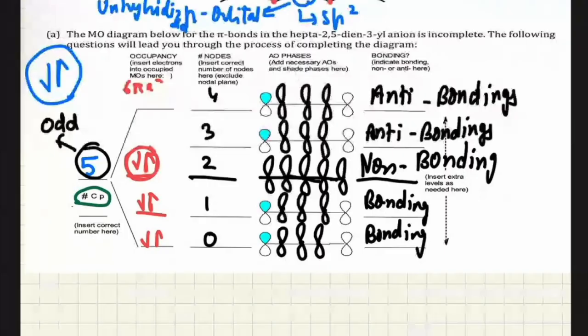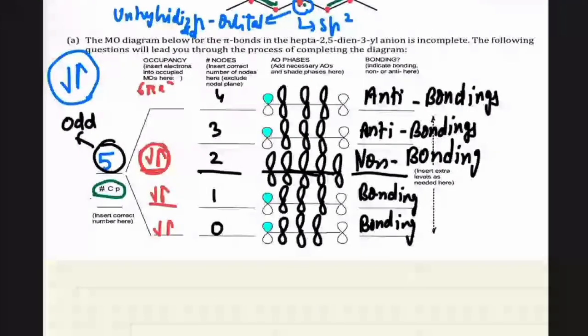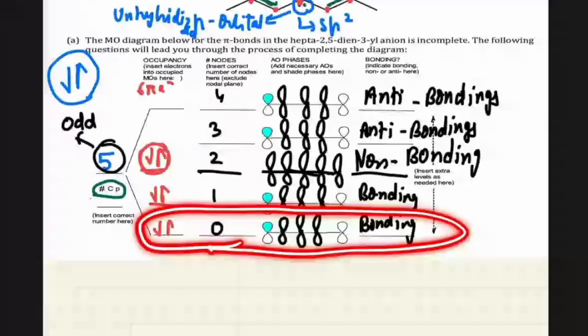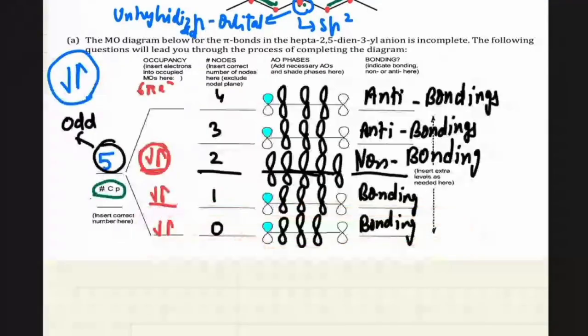So now we will start. Over here at the bottom, I'm talking about this side, just to give you an idea of where I'm starting from. Because there are 0 nodes, all of the phases, all of the shadings, are done completely on the top or completely on the bottom.